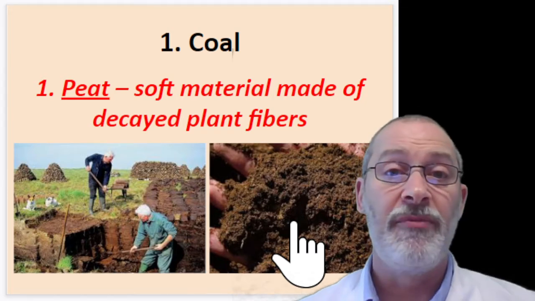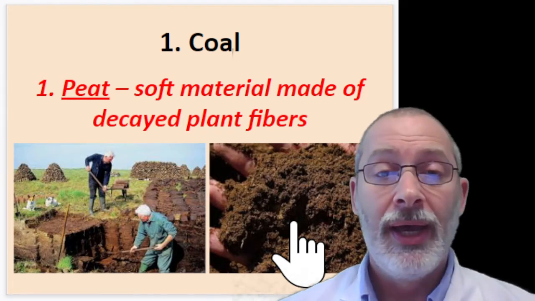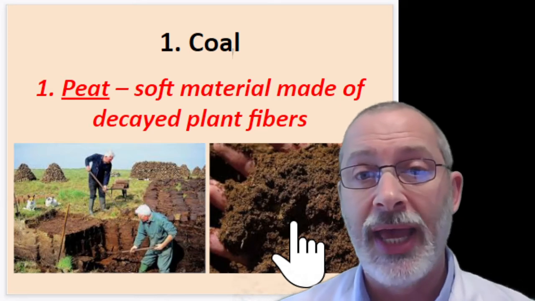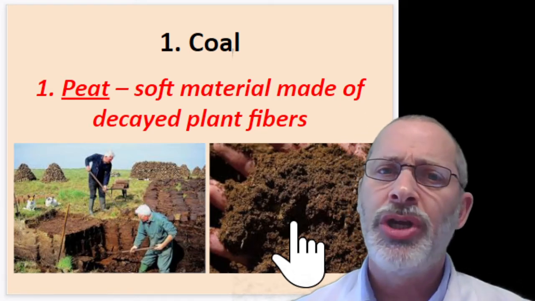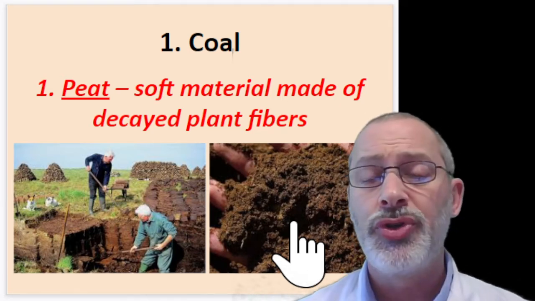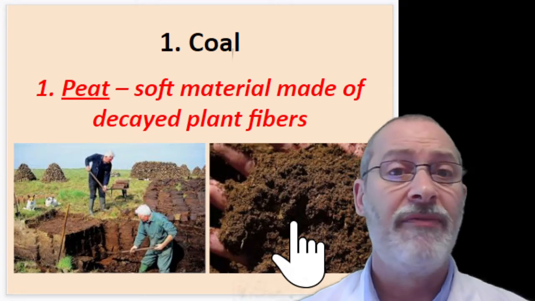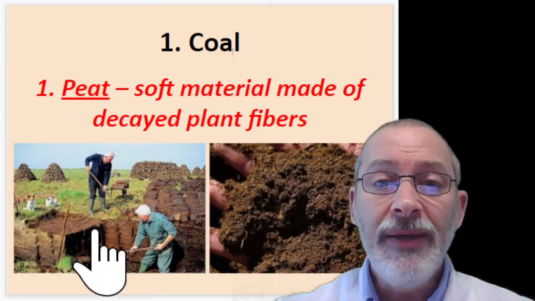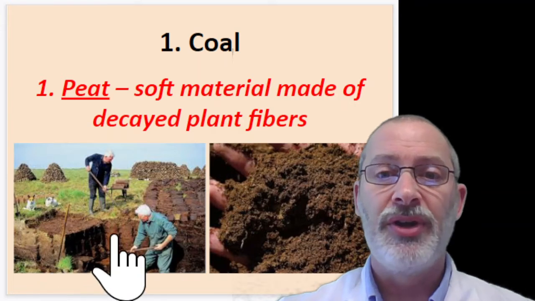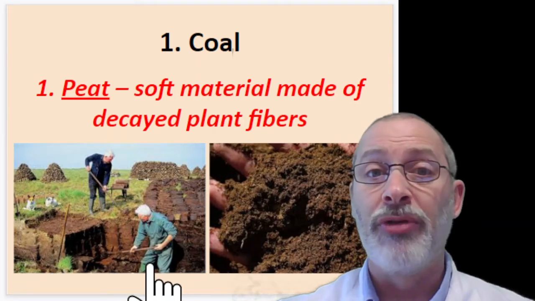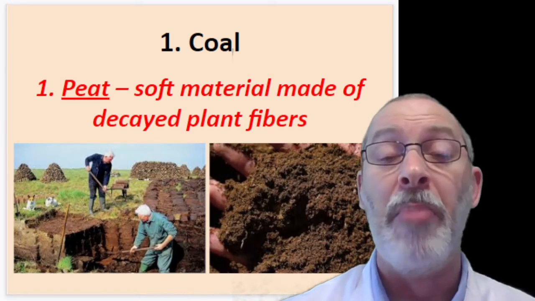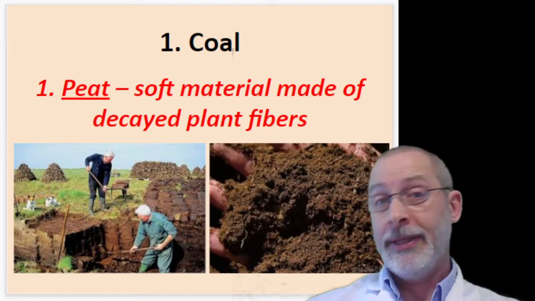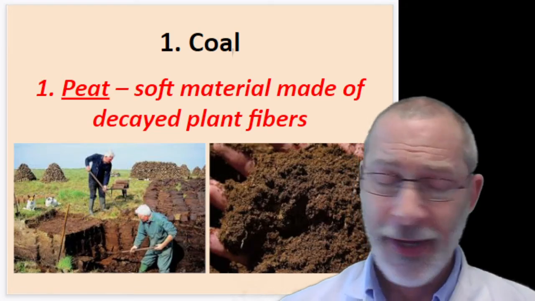You can even buy bags of it to amend soil today. And in more primitive cultures around the world that may not have trees, these blocks of peat that they excavate from the ground can be dried out and burned as a fuel source.